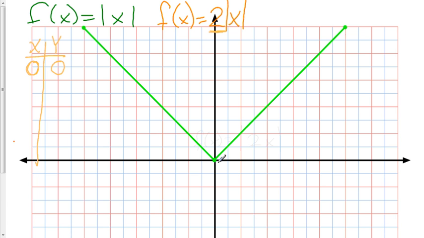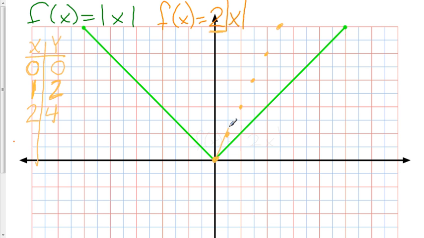So it's still going to have a vertex at 0, 0. Now when you substitute a 1 in, absolute value of 1 is 1 times 2 is 2. If you substitute a 2 in, 2 times 2 is 4. 3 would be 6, 4 would be 8, and 5 would be 10.